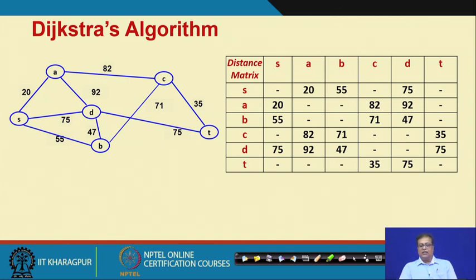You see in this case the distance from S to A and A to S is the same, but sometimes they may be different also, right, that going from a city to another city and coming back from that city to the first city may not always be the same. That could be other situations as well, but we are not going to discuss them here.